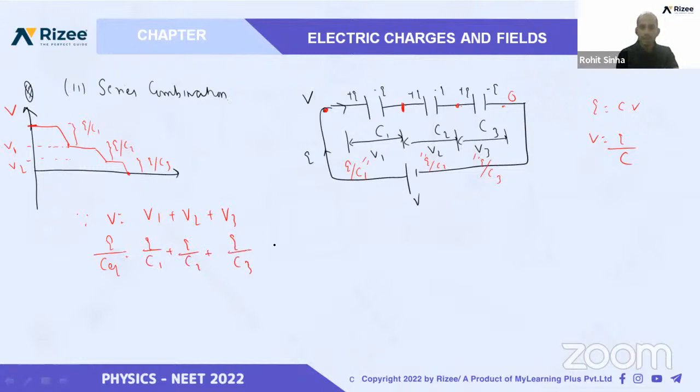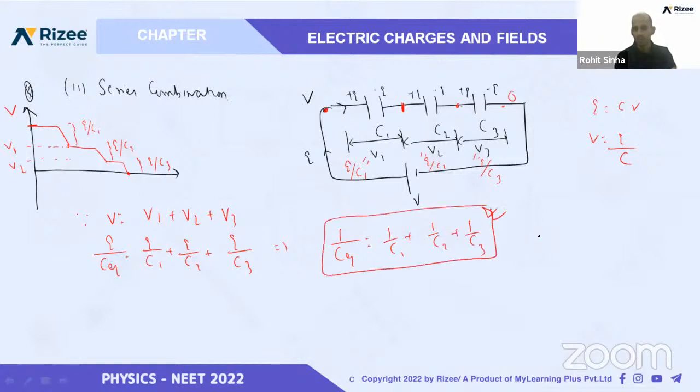Q gets cut from both sides. We get 1 by C equivalent is equal to 1 by C1 plus 1 by C2 plus 1 by C3. This is the formula of capacitance for a series combination.